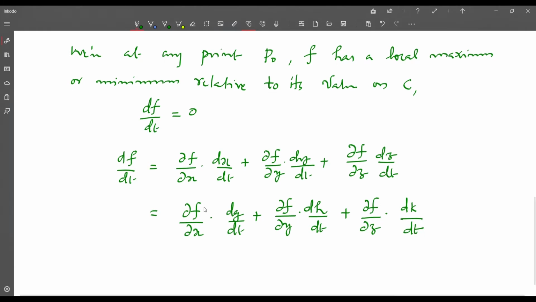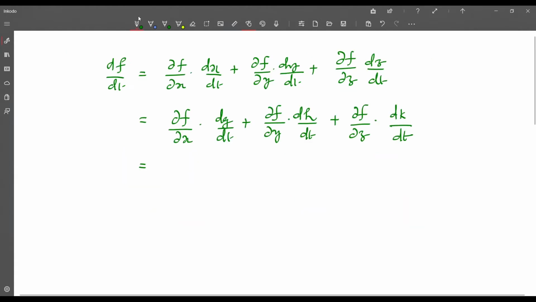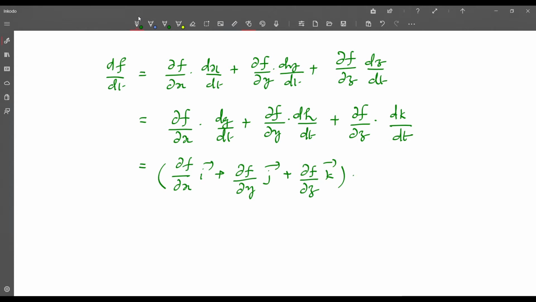So this is actually equal to dou f by dou x i plus dou f by dou y j plus dou f by dou z k, dot dg by dt i plus dh by dt j plus dk by dt k.